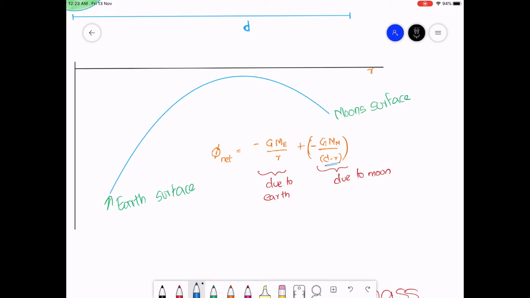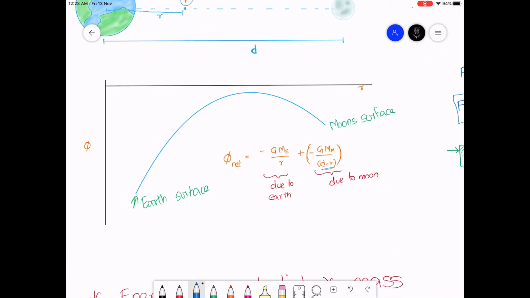M_m is the gravitational potential due to the Moon. So if you add these two up, you're going to get this graph. Now I guess you could explain this entire graph to yourself just by looking at the formula.